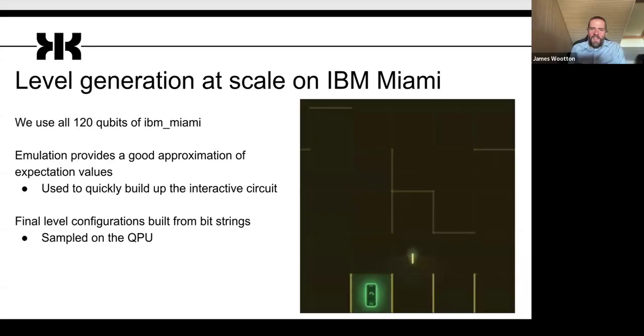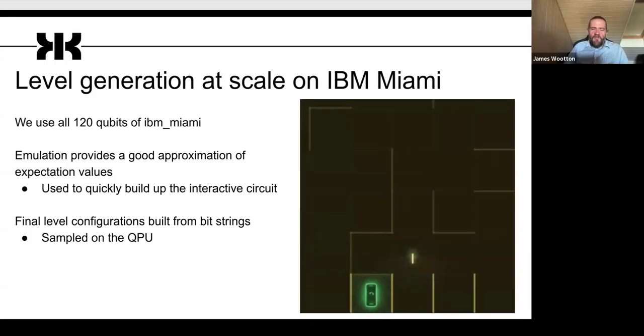And because expectation value simulators are very good these days, we use an emulator, so a simulator, to do that iterative process and quickly build up the circuit that we need to get close to the ground state.